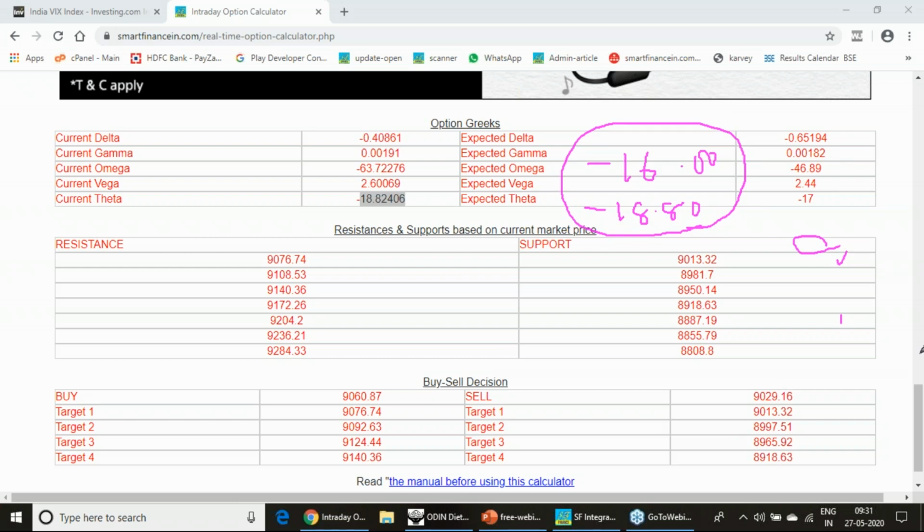Can anyone tell me if any arbitrage trade is possible? Same strike, 9,000 strike call option and put option. One has a 16 rupees decay, another has an 18 rupees decay. So there is a 2 rupees 80 paisa difference in theta terms.